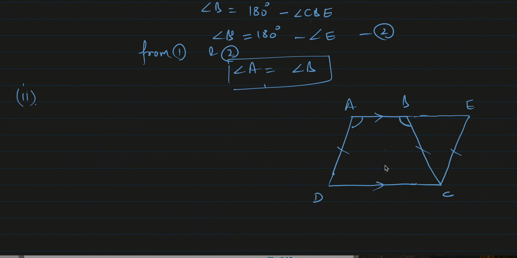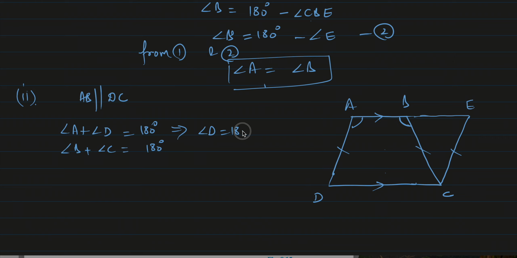It's a trapezium. Yes, students, you know that AB is parallel to DC. So can I say angle A plus angle D is 180 degrees? Angle B plus angle C is 180 degrees, which implies angle D is 180 minus angle A, and angle C is also 180 minus angle B. Okay.